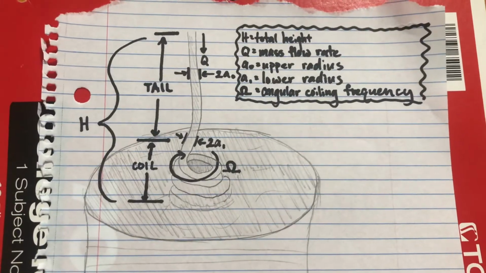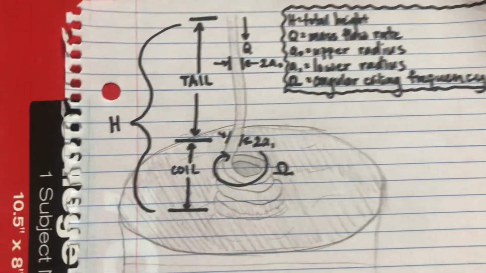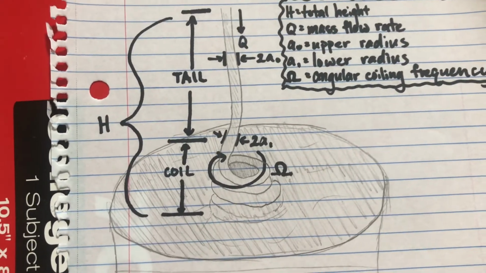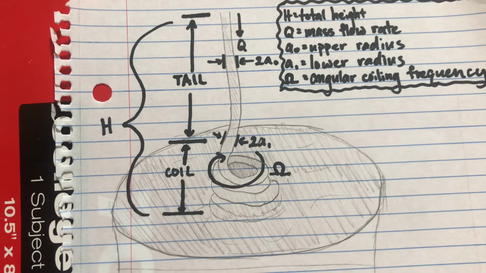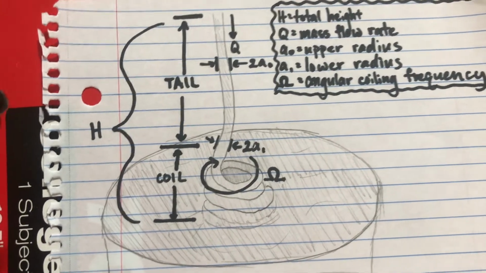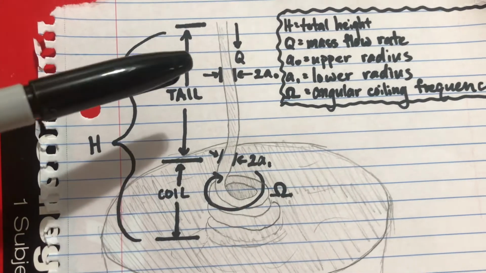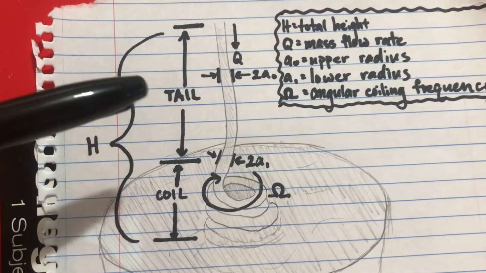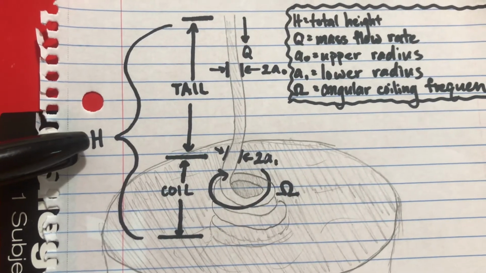Here's a drawing of the liquid rope coiling effect as we just saw with the honey. Now there's a couple of variables to take into account when thinking about the mathematical side of the liquid rope coiling effect. So here we have the coil, and here we have the tail up top, and together those make up the height, h.